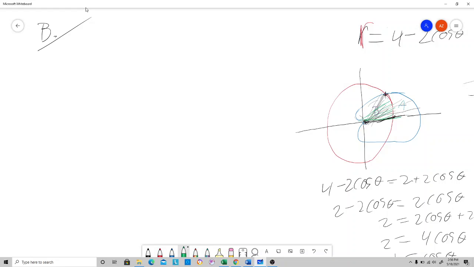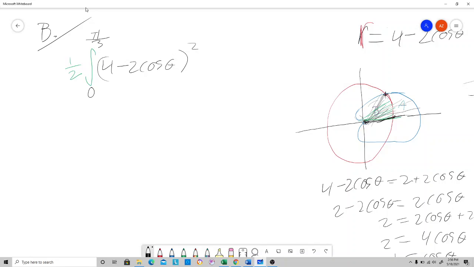So we're actually going to need 1/2 from 0 to pi over 3 of 4 minus 2 cosine theta squared.